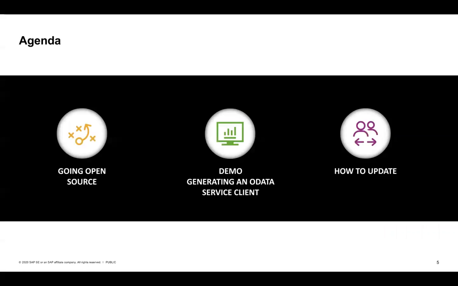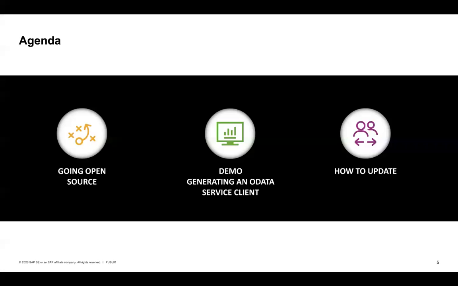Moving forward to the agenda, like already mentioned, the main topic is going open source, the open sourcing of the JavaScript component. After I provide an overview of what we did, I'll move forward to a demo, which will be generating an OData service client for any OData service.